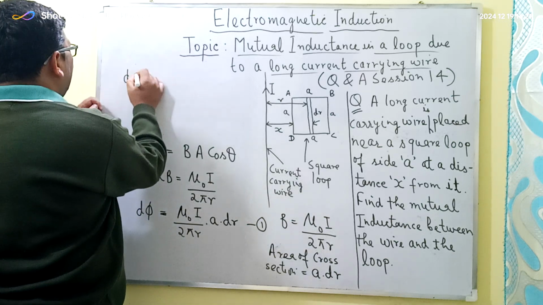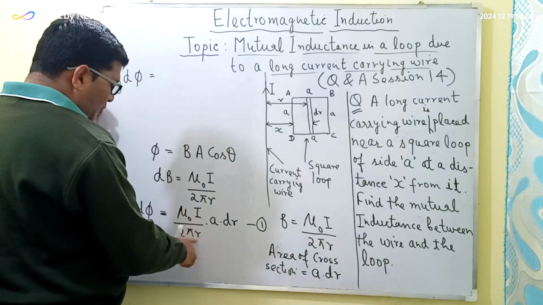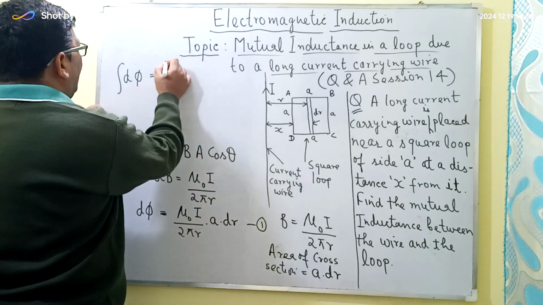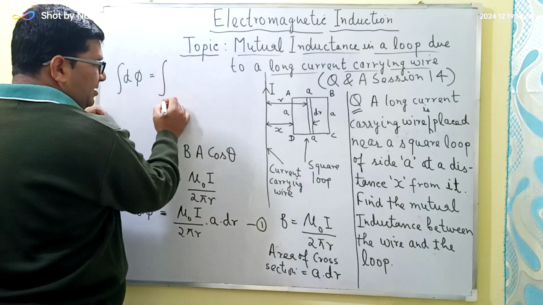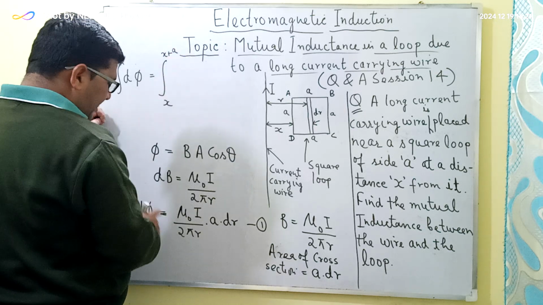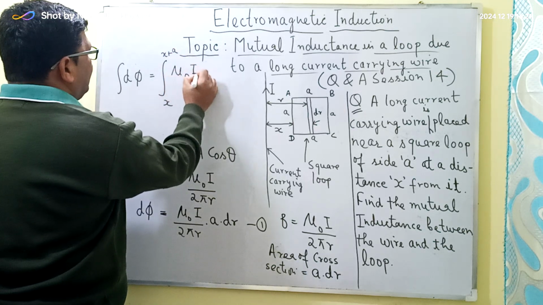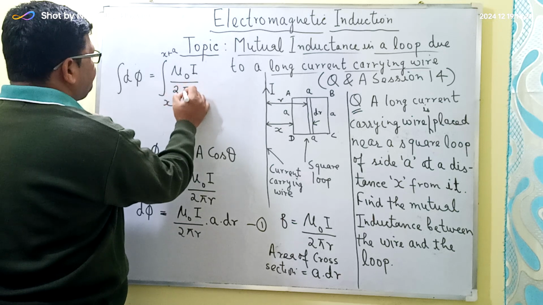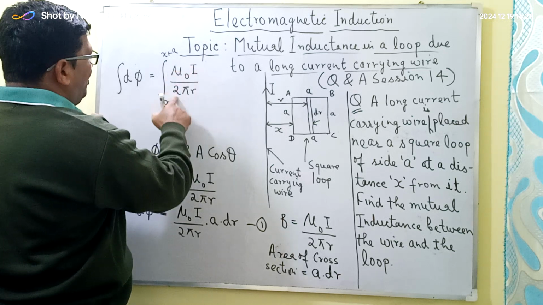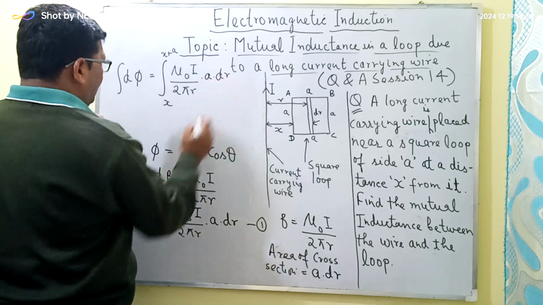So d phi is equal to mu naught I upon 2 pi r into a into dr. By integrating this equation within the limits of x and x plus a, I will be getting another equation.